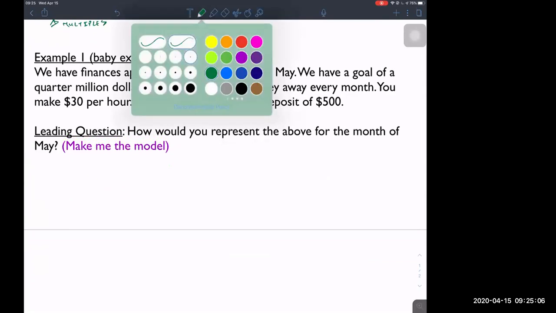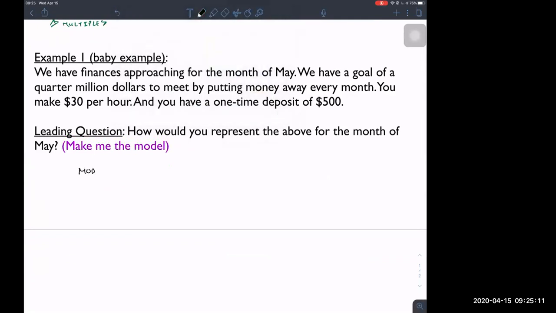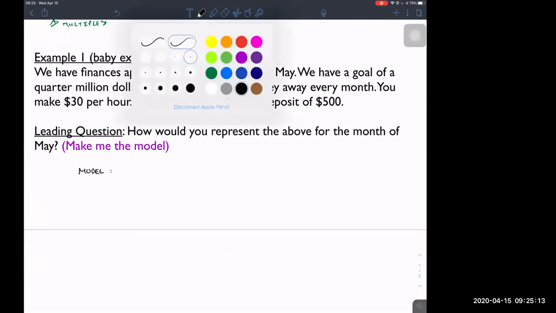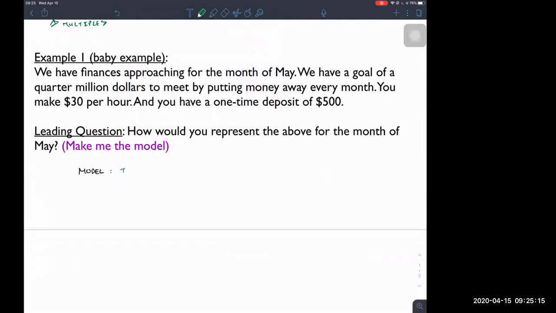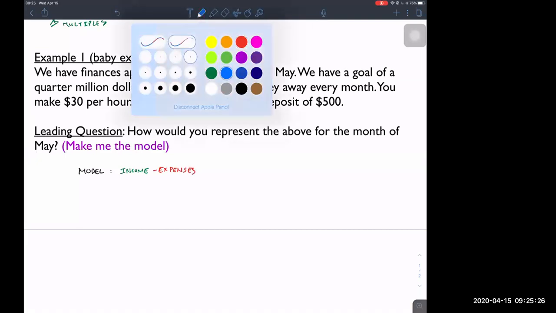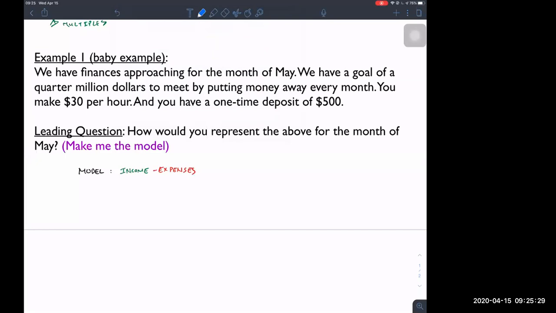So just remember that your model itself is comprised of things that make you money minus your expenses. So what are they? If you want, you can always list them out, but here I'm going to number them. So we have a goal of $250,000, and we're going to put away every month. So say that's 1. Well, that's an expense, right?